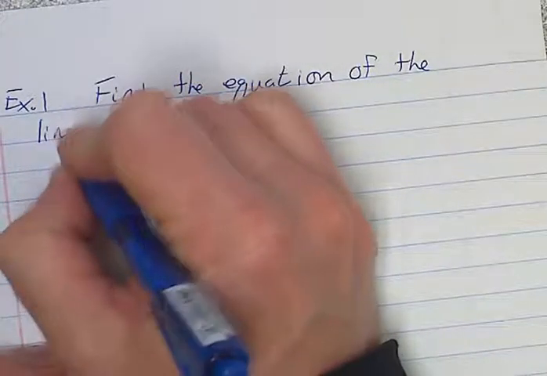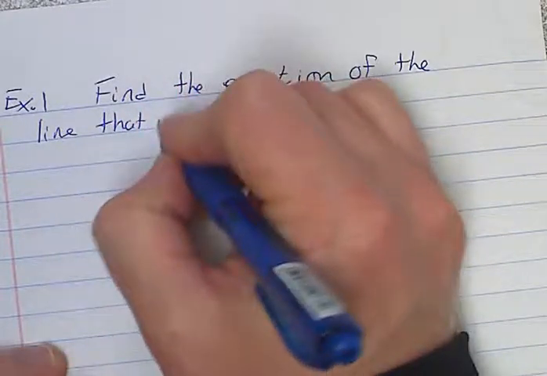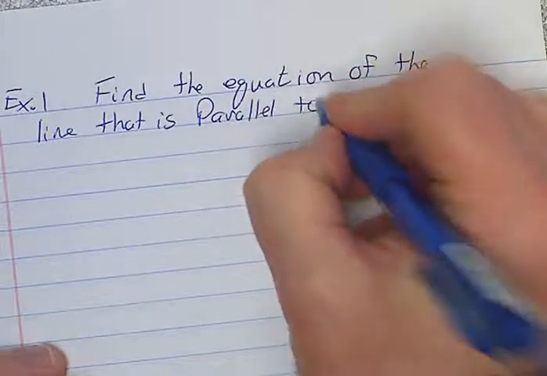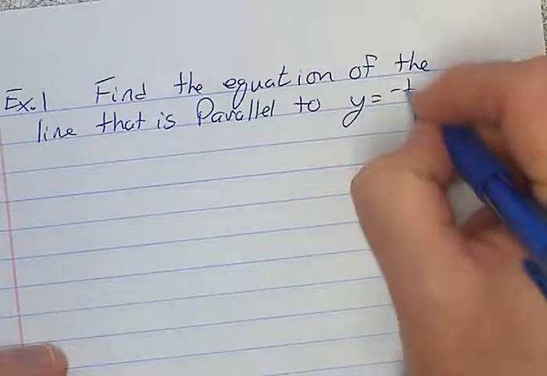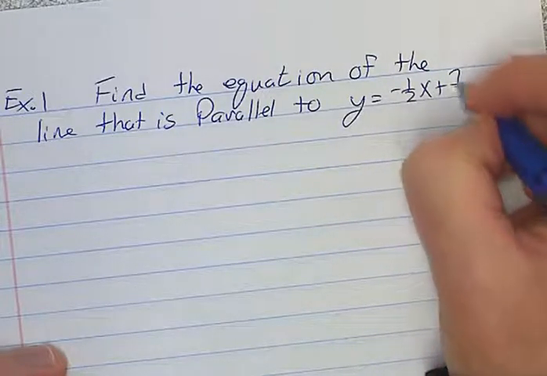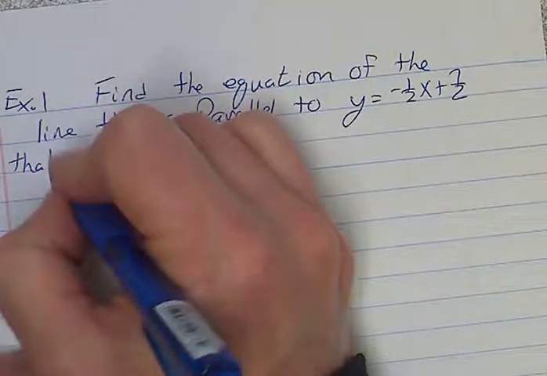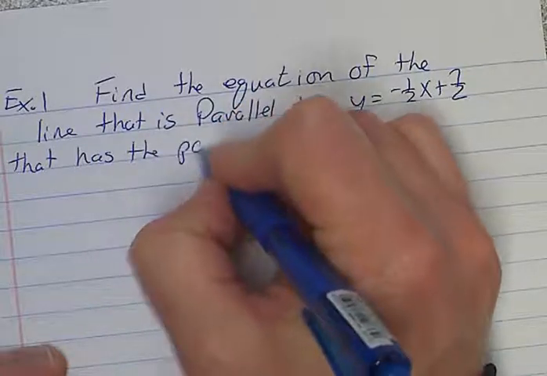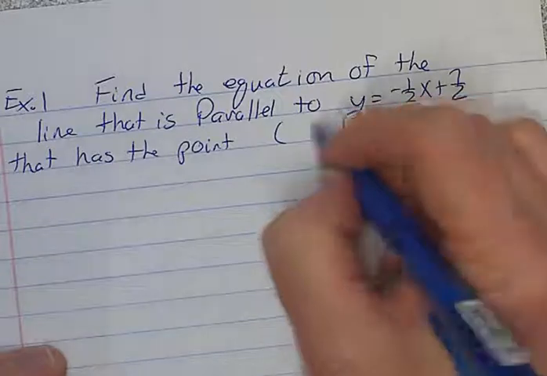They're going to ask you to find the equation of the line that is parallel to y equals negative 1/2 x plus 7/2. That has the point 4, negative 2.